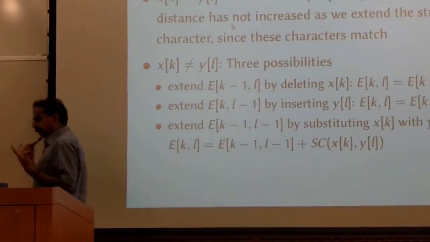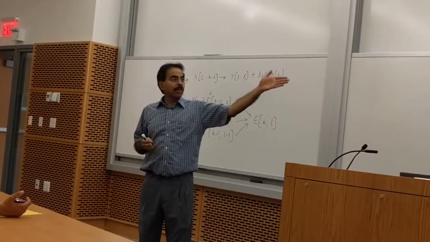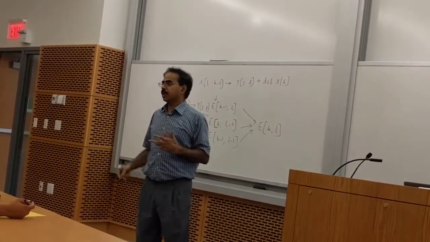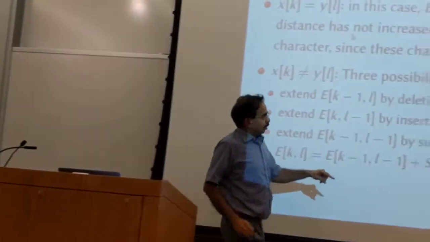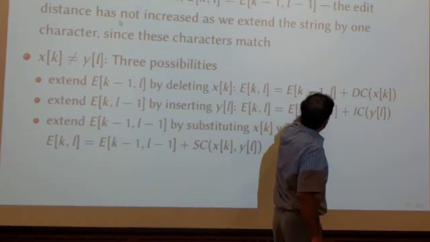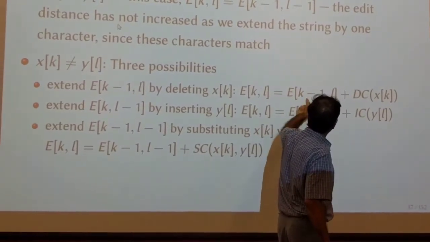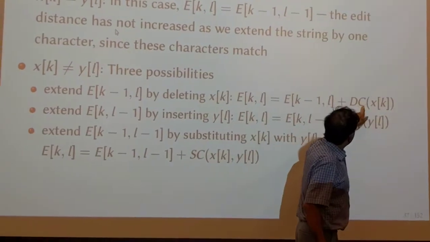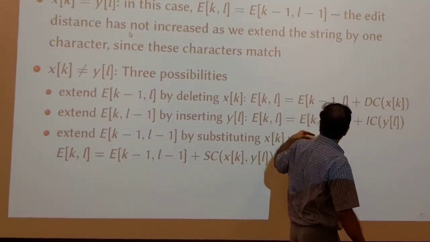cases to consider, and because you want to minimize the cost, you're just going to take the minimum across these three cases. So again, this is the cost of the edit sequence that you have computed so far. If you're starting with the prefix of k minus 1, and then you add the deletion cost of x of k, that corresponds to this case.